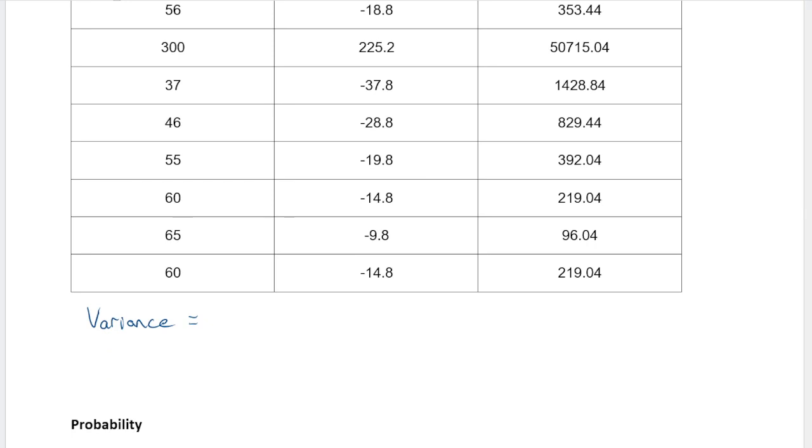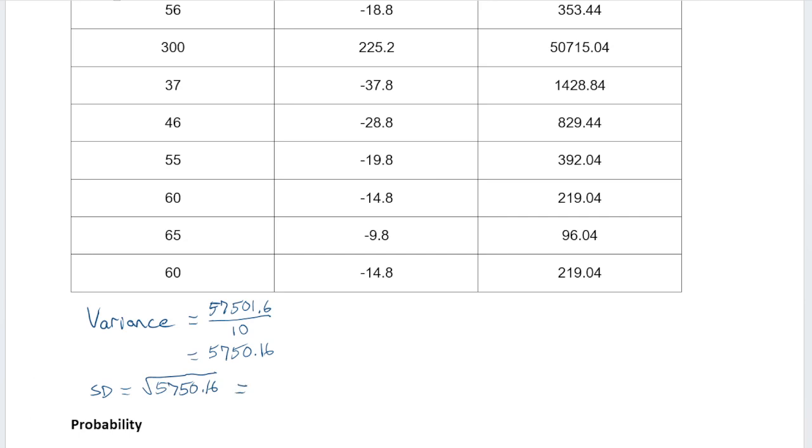So we add all that up and we get 57,501.6 over 10, because there were 10 numbers, which is going to be 5,750.16. And then the standard deviation is just going to be the square root of that number, square root of 5,750.16.